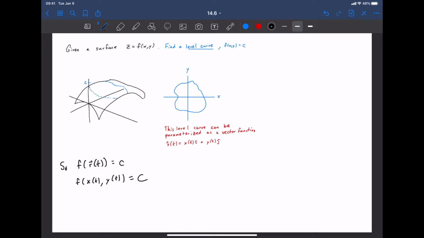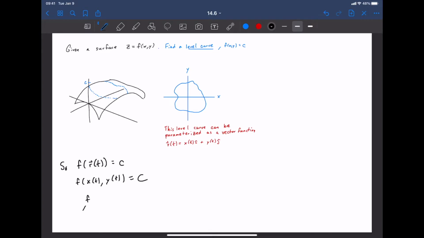This would not work to talk about f all over the place. This works to talk about f's locations along this level curve. x of t is a function that's defining the x coordinates along this level curve. Same with y of t, okay? This is not changing the function totally. This is just for this one level curve, okay? You'd have to do this separately for each level curve.